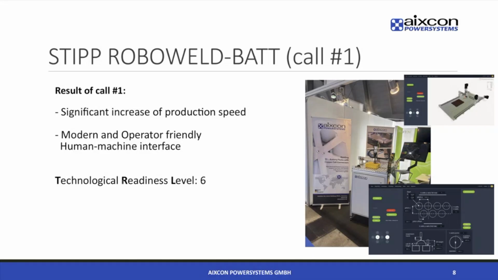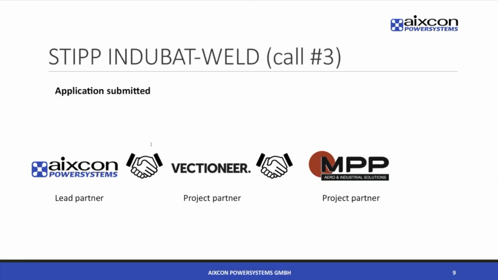We exhibited the machine at the Battery Road Show last week in Stuttgart, and the customer response was very, very positive. But we still have the points with the quality assessment of the welding. So we decided to submit an application for call 3, and we found an additional partner.